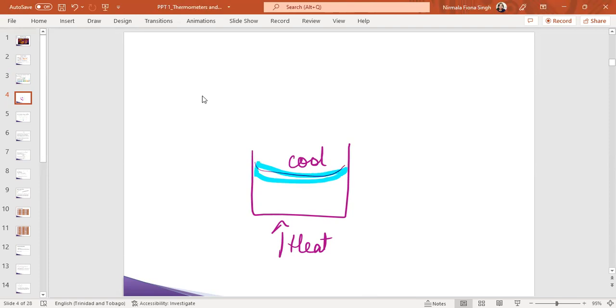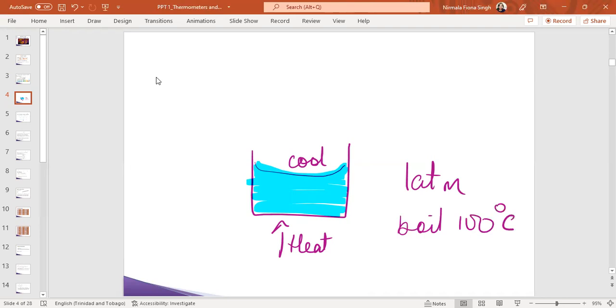But what we can do, we know that when water is at regular pressure, at 1 atmosphere, the water will boil at 100 degrees Celsius.